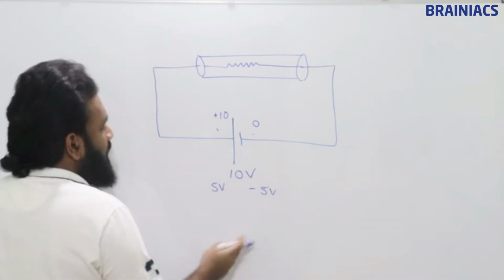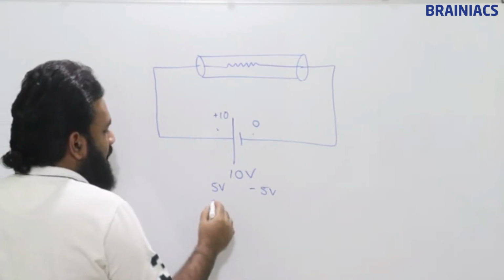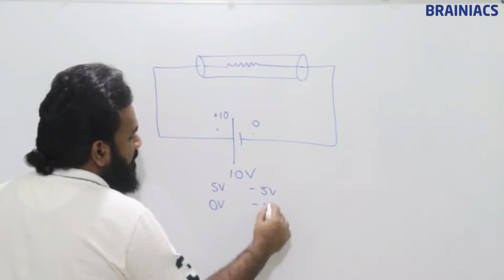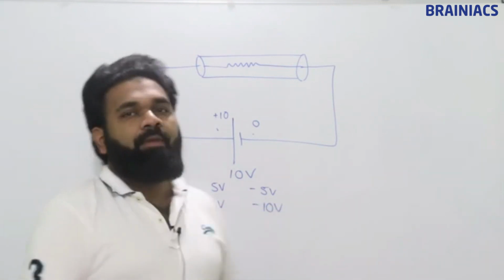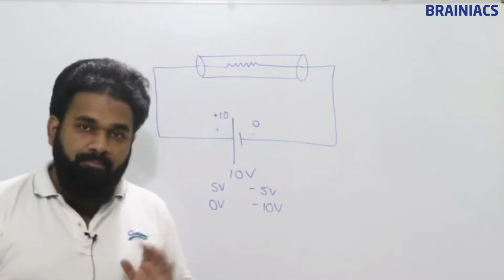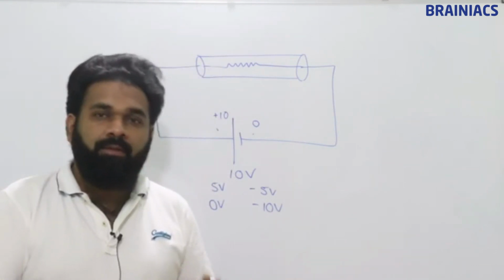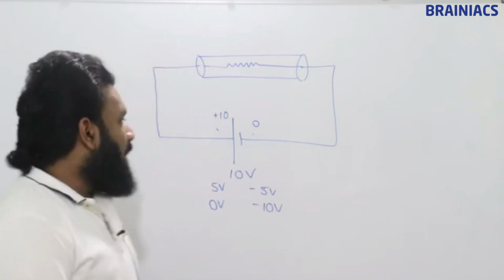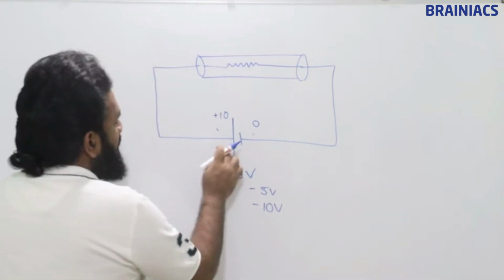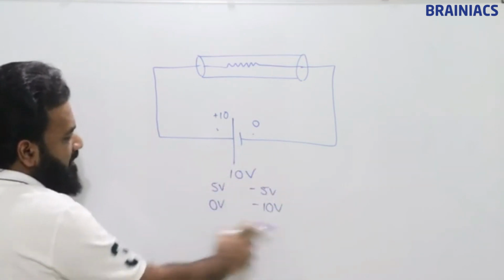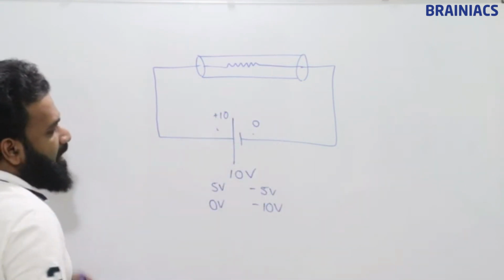Or otherwise this could be 0 volt and this could be minus 10 volt. Whatever it may be, the real meaning is that this battery is able to supply this much potential difference across the circuit. These are the possibilities I was telling.